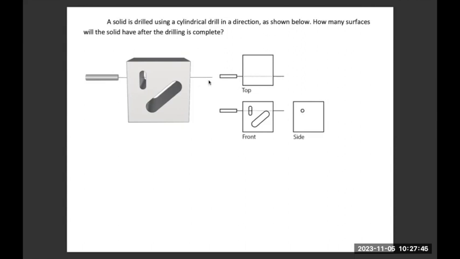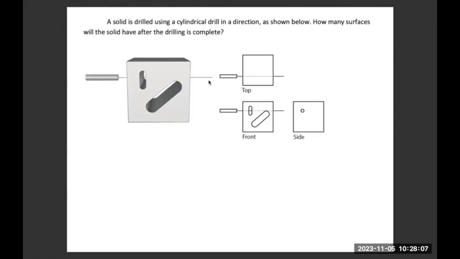So this will drill. What you have to guess is the number of surfaces that the solid will have after the drilling is done. In this case, please note, first start with counting all the surfaces on the top.